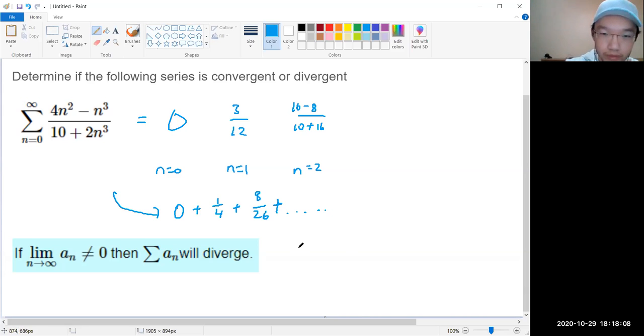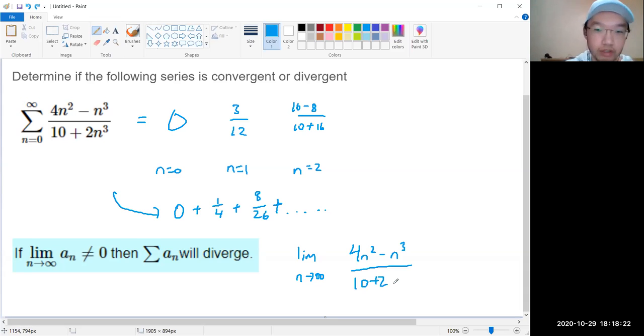So we want to do the limit as n approaches infinity of 4n squared minus n cubed, all over 10 plus 2n cubed. Okay, so what does this equal? -1/2.